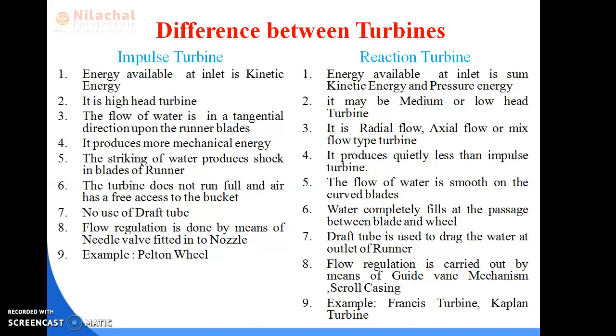Impulse turbines are used in hydroelectric power plants, and they produce a large amount of power in comparison to reaction turbines, which are medium or low head turbines where less power is obtained. Due to the large amount of kinetic energy utilized in an impulse turbine, we get the maximum power. In case of a reaction turbine, it is not happening. Some part of the pressure energy is converted into kinetic energy.